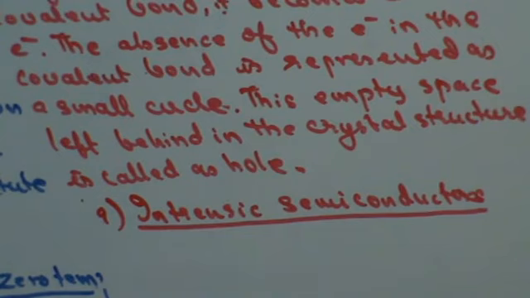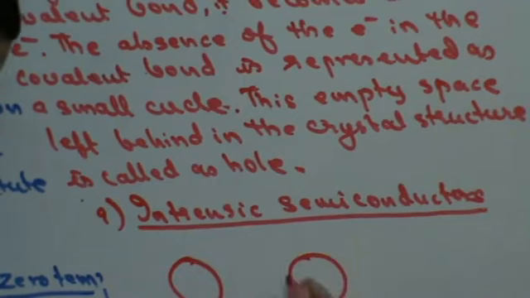If all the electrons are tightly bound to the nucleus, then all the electrons are in the valency bond, and hence they will not be able to conduct electricity. I'll show you the structure of germanium.